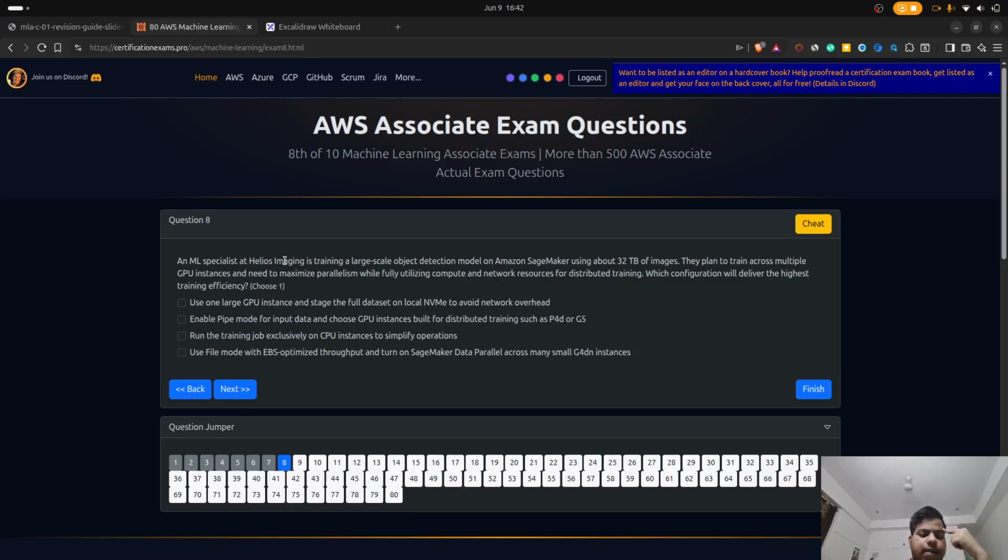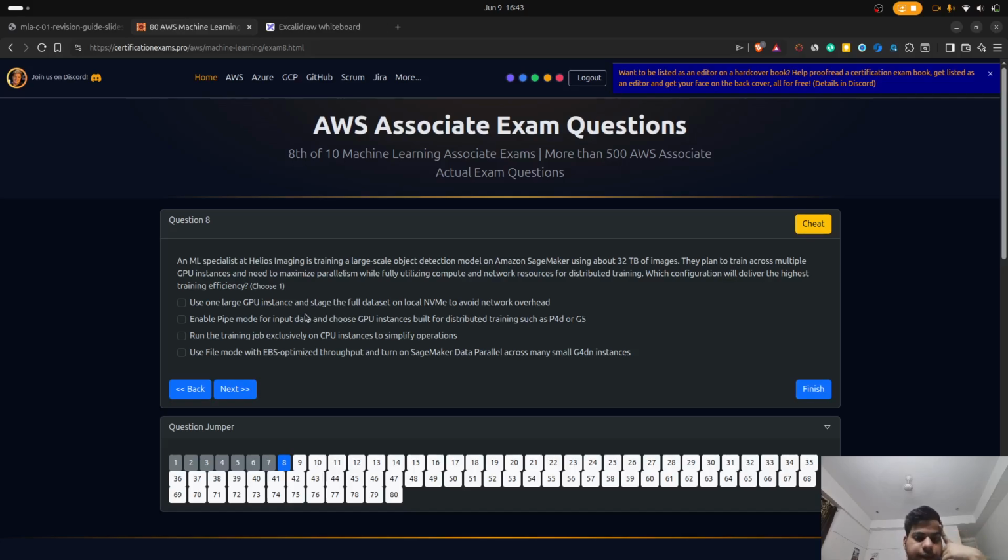An ML specialist at Helios Imaging is training a large scale object detection model on Amazon SageMaker with about 32 TB of images. They plan to train across multiple GPU instances. Which approach will deliver the highest training efficiency?